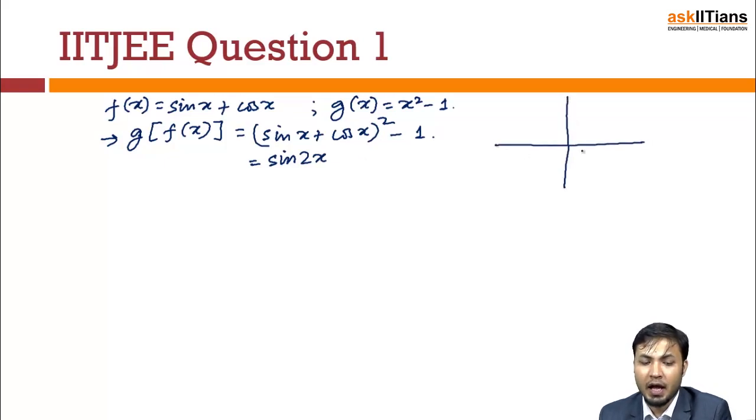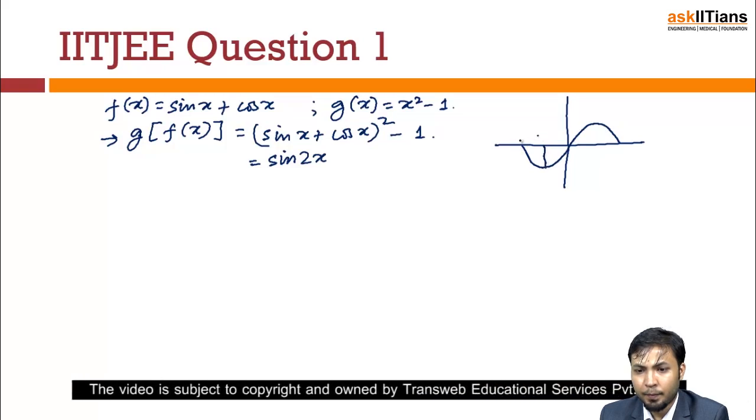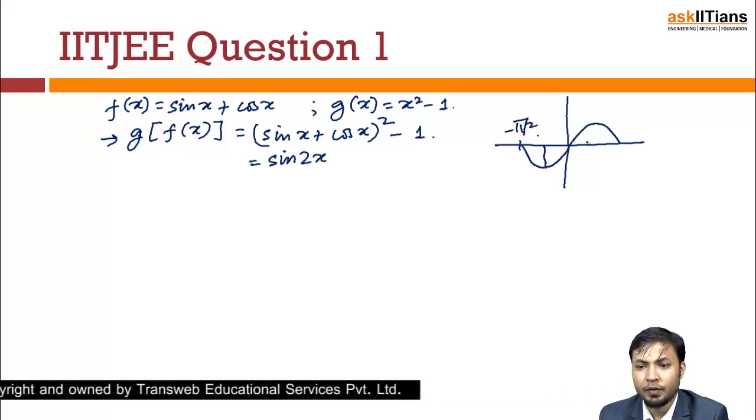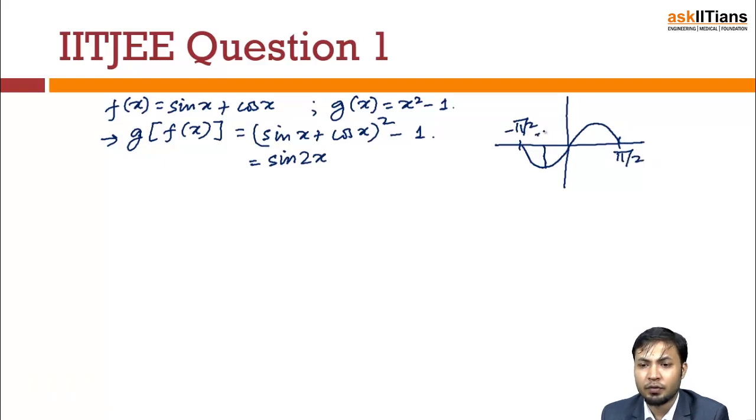Now if I plot this on a graph, what will that graph look like? You see, I have this as my graph. My sin x will start from this region. Now in this case, how will this be invertible? If I look at this, this will be my minus pi by 2 and this will be my plus pi by 2. So this region will become minus pi by 4 and this region will become pi by 4.